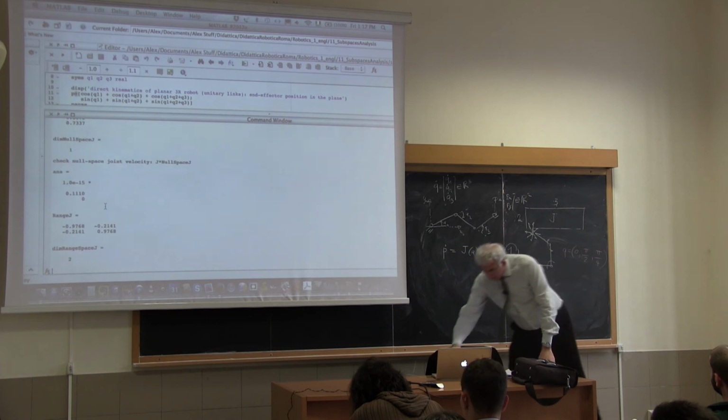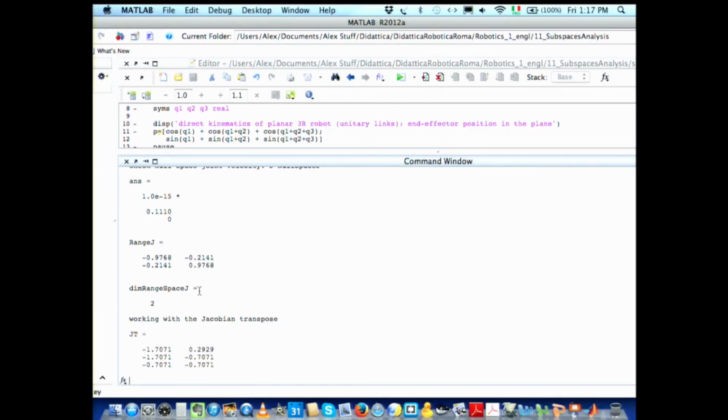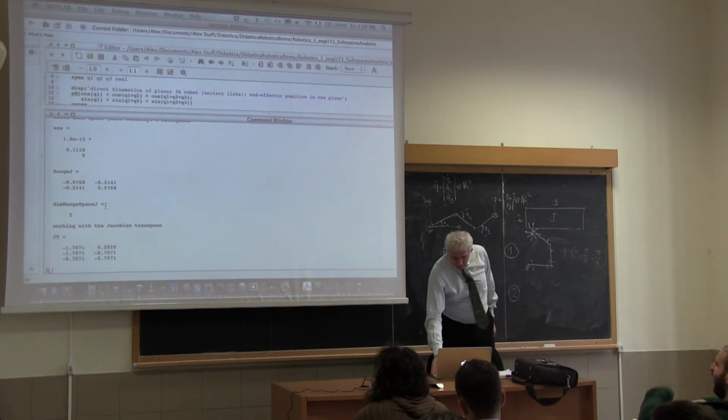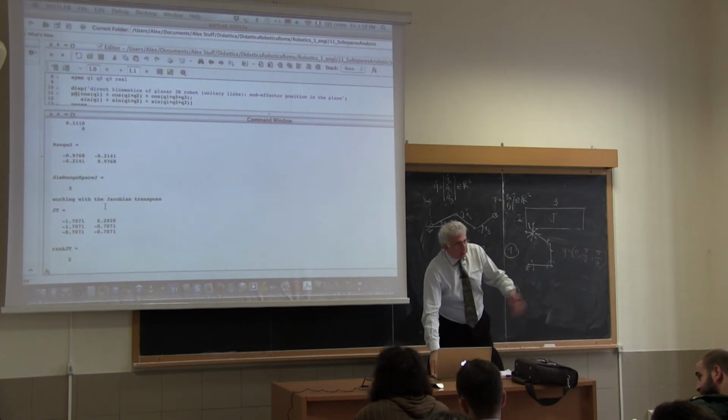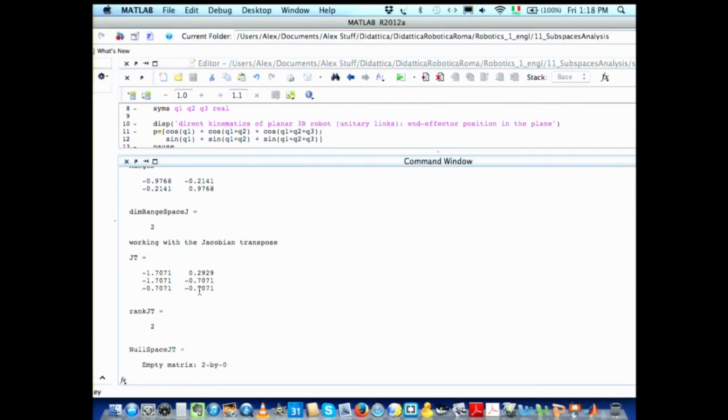Okay? So let's see. This is the Jacobian transpose. JT is just the previous matrix where I exchange columns and rows. So it's a 3 by 2 matrix. And I do exactly the same, range of J transpose, rank of J transpose, but I knew already that it was 2. Null space of J transpose, pay attention.